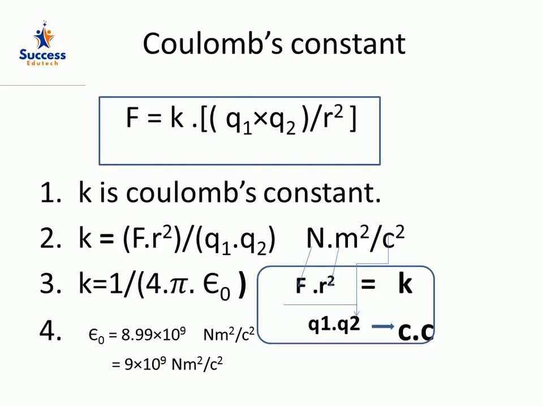If Coulomb is the unit of charge on Q1 and Q2, then the product will be Coulomb square. So F is replaced by N, R square by M square, and Q1 Q2 by C square.